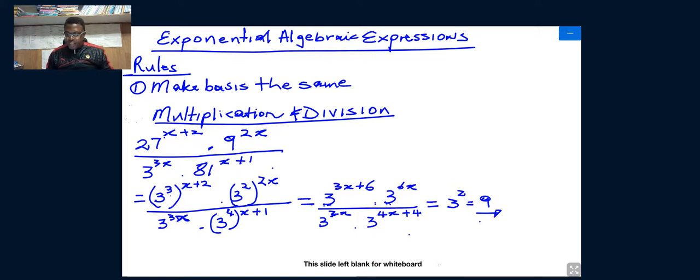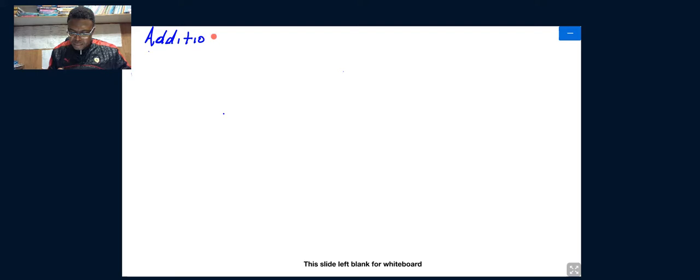Let us look at a case whereby, the one that I just did was about multiplication and division. What if there is an addition and a subtraction?